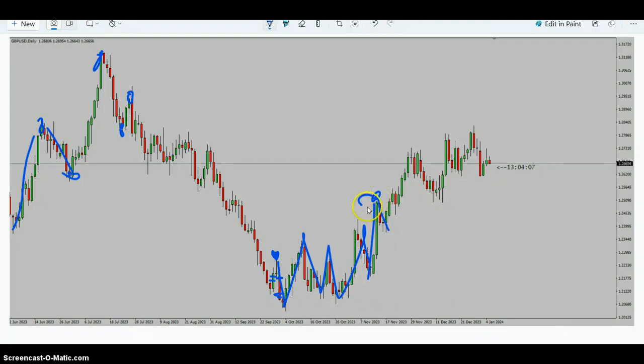Therefore, we can't consider this as a higher high yet. The market came up here and formed this swing at this pivot point, and then it was followed by another valid swing, and therefore this is a valid pivot point.